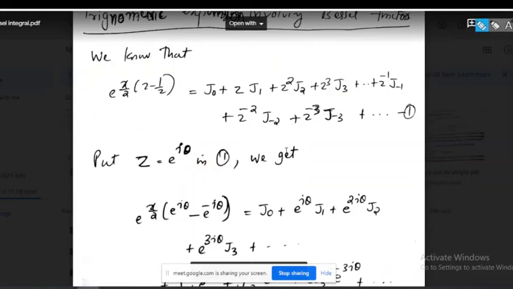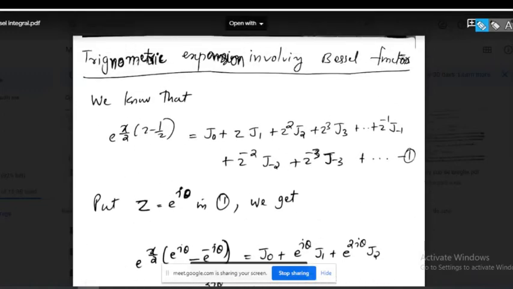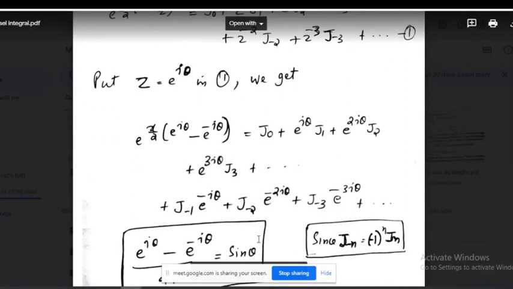On the left hand side you will get exponential x by 2 times e to the power i theta minus e to the power minus i theta, and on the right hand side we have J0, e to the power i theta J1, etc., e to the power minus i theta J minus 1, e to the power minus 2i theta J minus 2, like this.